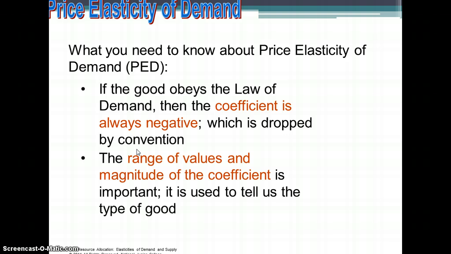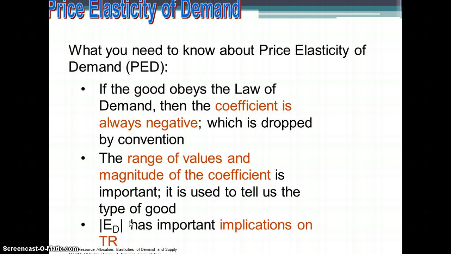The second thing about price elasticity of demand that you need to know is the range of values and the magnitude of the coefficient. It is important to tell us the type of the good it is. And the last thing is the value of price elasticity of demand and its implication on total revenue, which I will explain in another video.